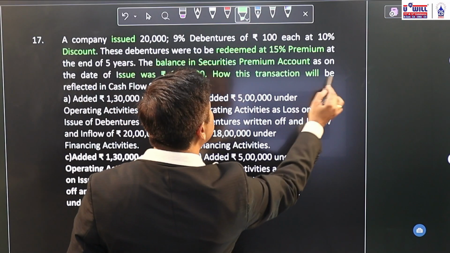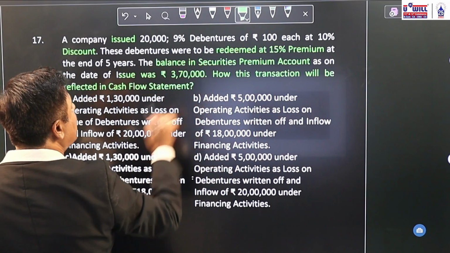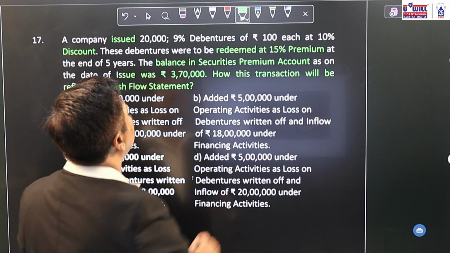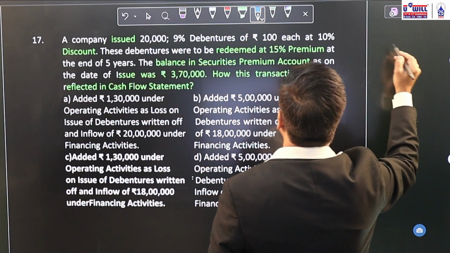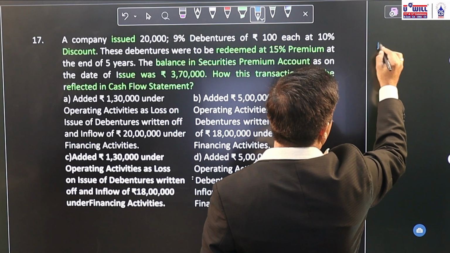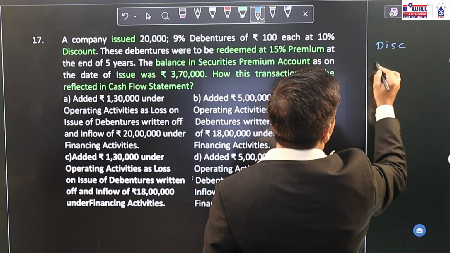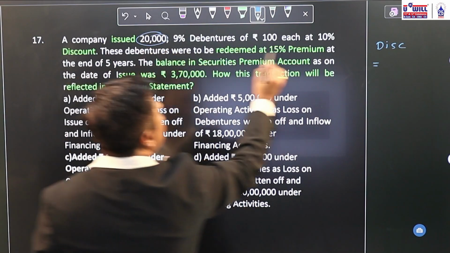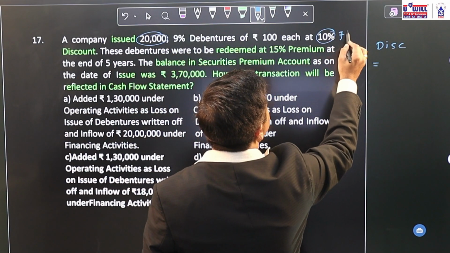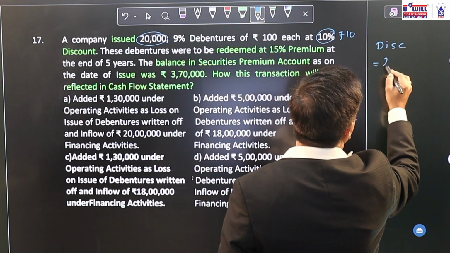How will this transaction be reflected in cash flow statement? Now let's understand how will this be reflected. How much is the loss on issue of debentures? How much is the discount on issue of debentures? 20,000 multiplied by 10%, means 10 rupees. So 2 lakhs.